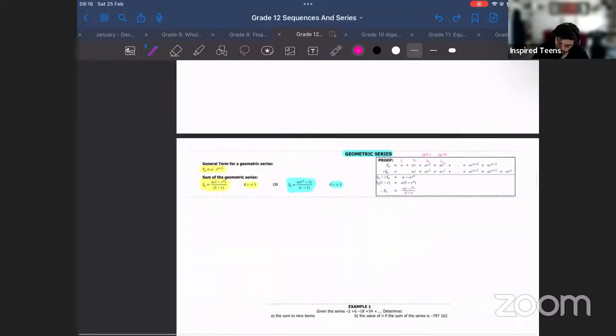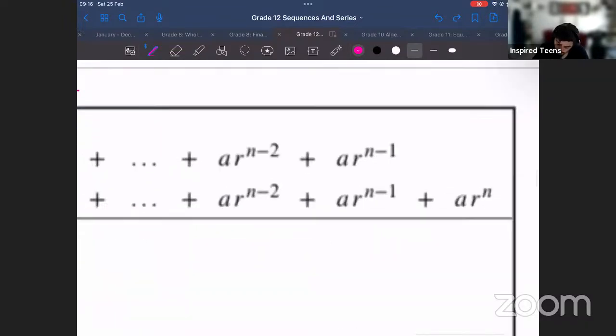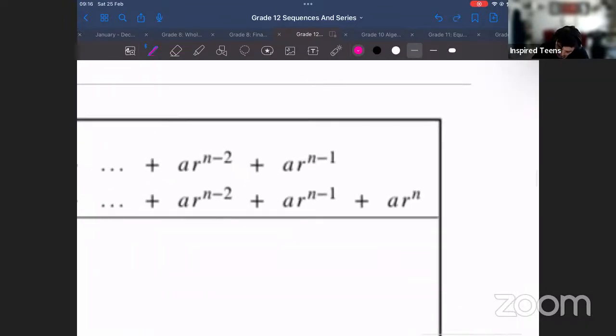For the last term, we consider n as the total number of terms in the pattern, whether there are 55 terms or 65 terms. So the last term is represented by A times R to the n minus 1. If there were 50 terms in this pattern, n is going to be 50, similar to how the arithmetic one works.